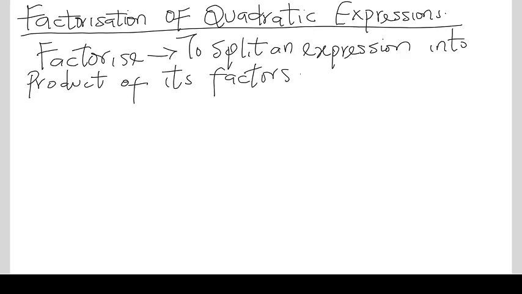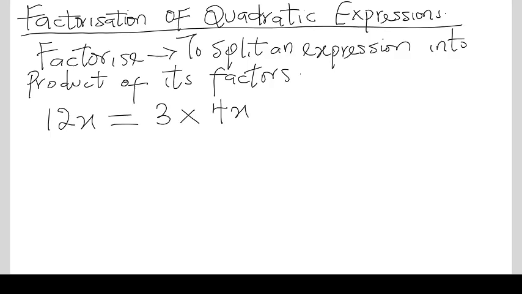For instance, let's say we have 12x. I can factorize 12x by splitting 12x into product of its factors. Take for instance, 12x can be split into 3 then multiplied by 4x.